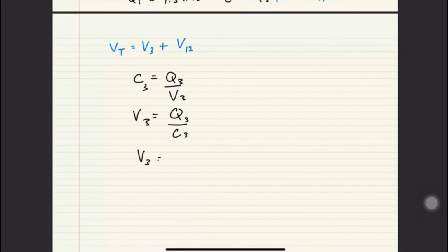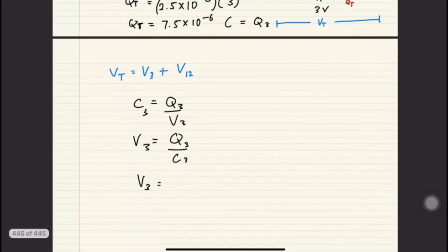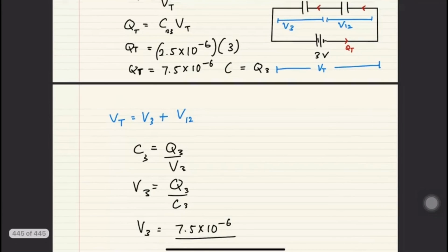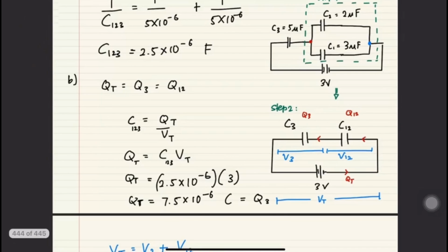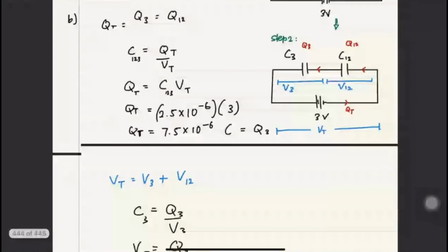Q3 adalah sama dengan Q total tadi kan, 7.5 times 10 negative 6. C3 berapa? 5, 5.